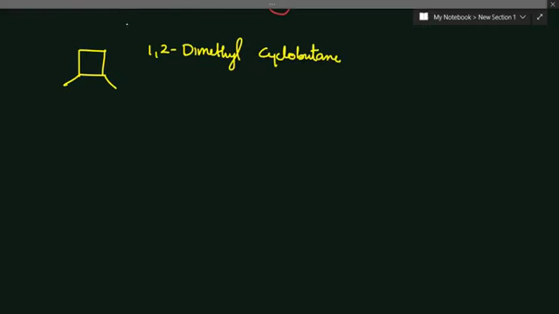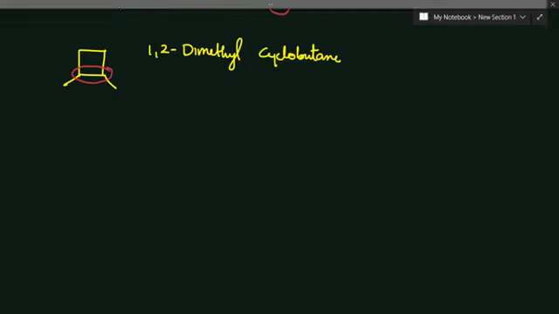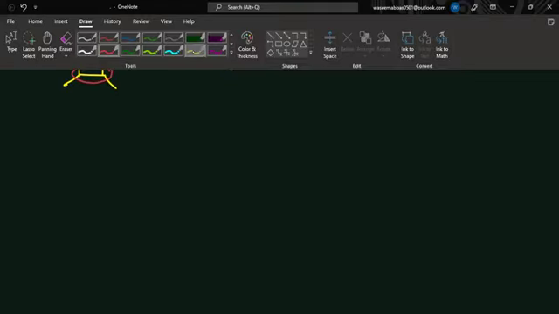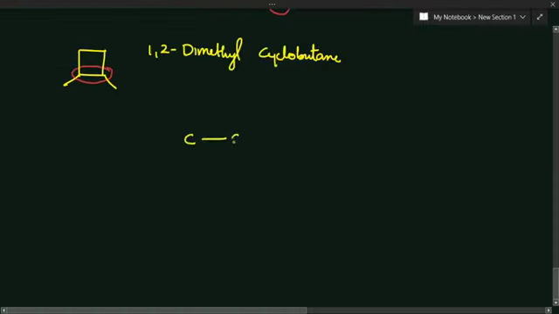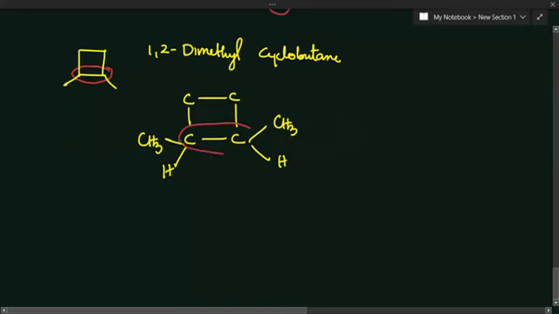Now please check this stereocenter. If I write this compound properly, carbon, carbon, carbon, carbon, and here this carbon has a methyl group and a hydrogen. This carbon has a methyl group and a hydrogen. So now check these stereocenter atoms.